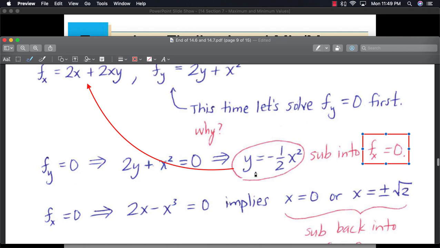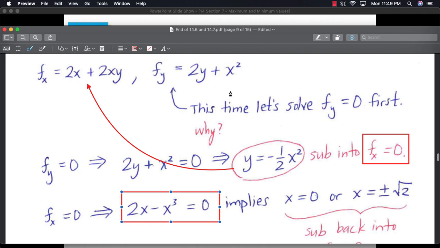Now, once I take this and plug it into the partial derivative with respect to x, I'm obviously going to replace this y here with negative 1/2 x squared, which is going to cause my equation to end up becoming like this. So notice how I took one of the equations, in particular f sub y, and solved for y itself, and I used that to help me simplify the second equation.